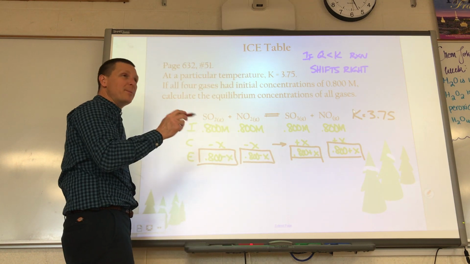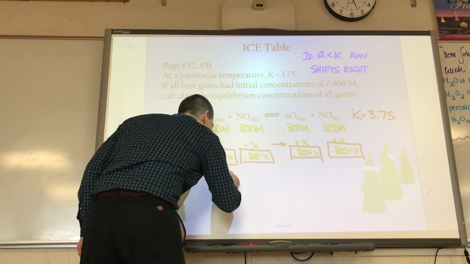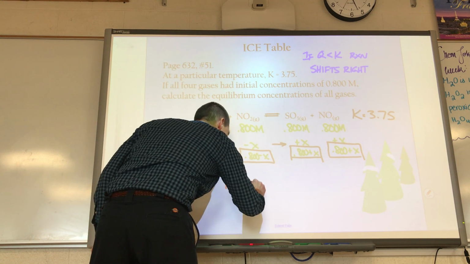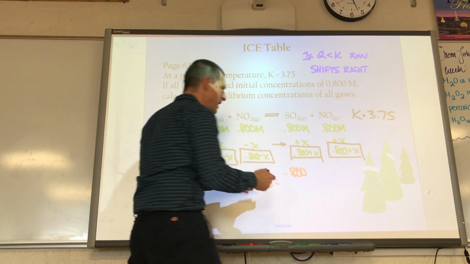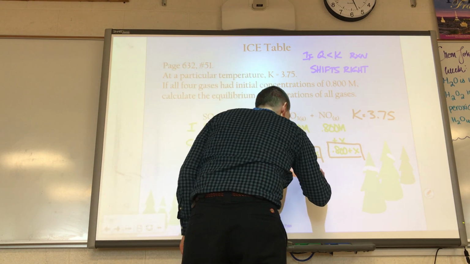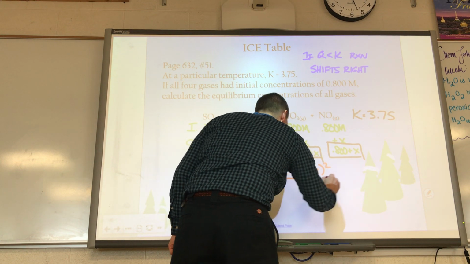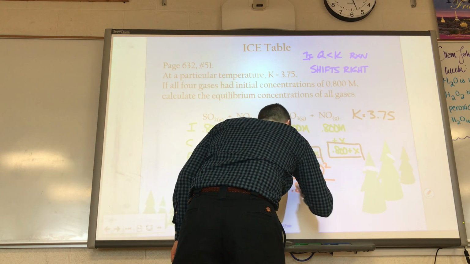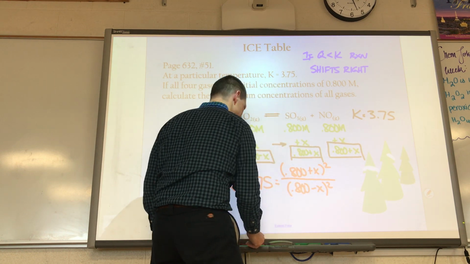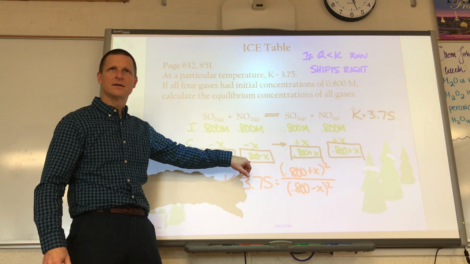The math would be bad, except there's something that gets us out of having to do this scary looking math problem. Remember K is products over reactants: 0.800 plus x, there are two of those, so it's squared, divided by 0.800 minus x, squared as well. Why is it squared? Because there are two of them, and they're both the same.